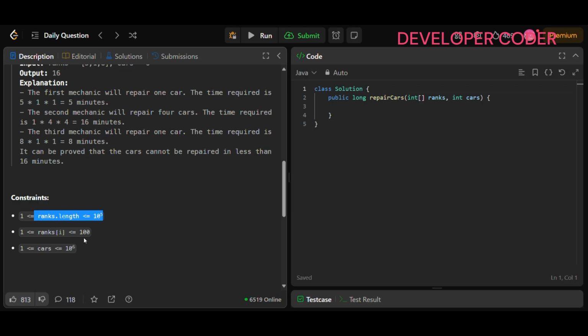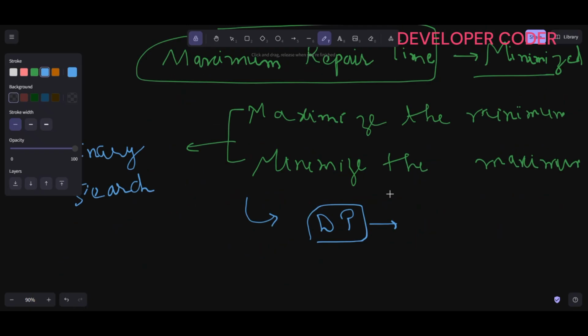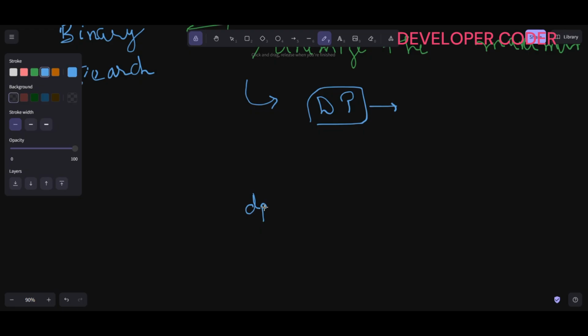A typical DP solution would require a state representation like this: DP of mechanic and car. This is how you are going to represent DP.